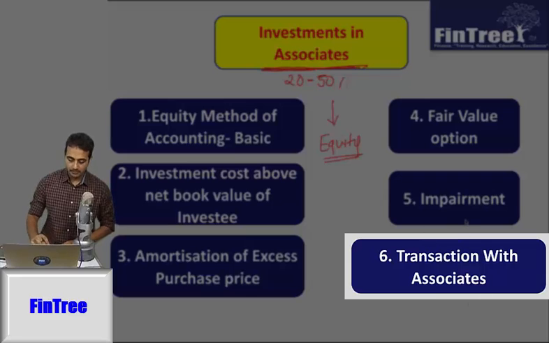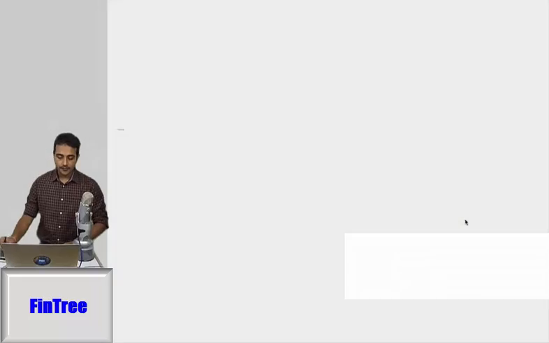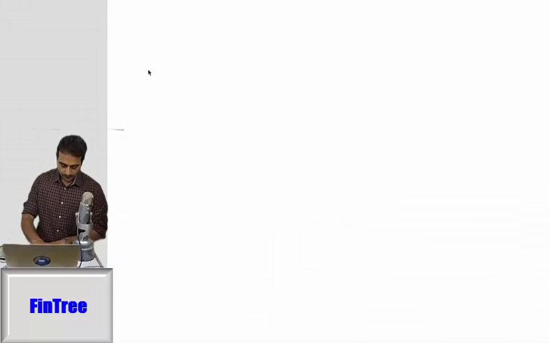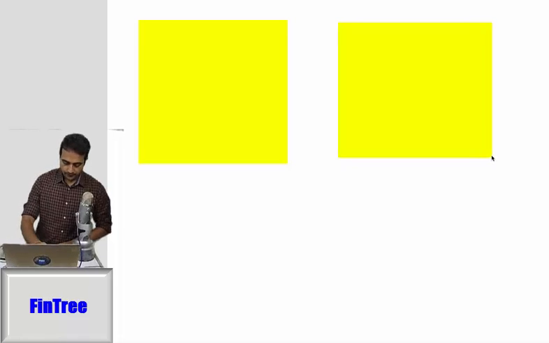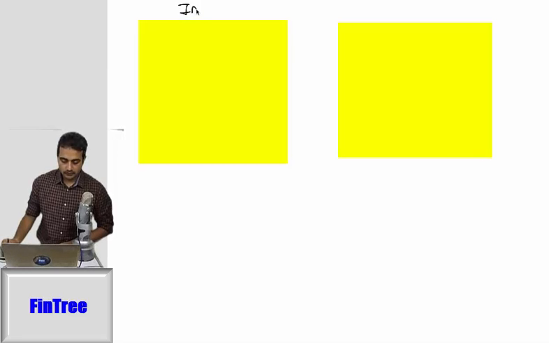Okay, so let's do step by step. I'm building a comprehensive example here. So 2 balance sheets. The first balance sheet is of investor. The second balance sheet is of investee, the one in which we are going to invest.